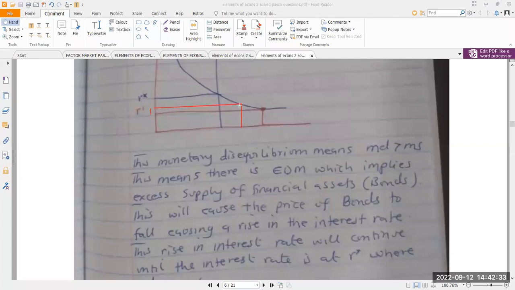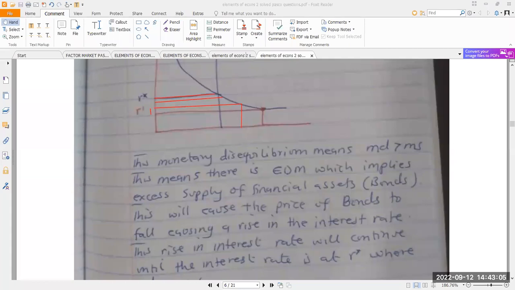When it happens like this, you can still see that demand for money is still more than the supply of money. So the price of bonds should further fall, and then interest rate will keep on moving up until it gets to this point. And at this point, supply of money will exactly be equal to the demand for money. So we'll have equilibrium again in the money market. Okay, so this is how we move from this particular disequilibrium in the money market to equilibrium again.